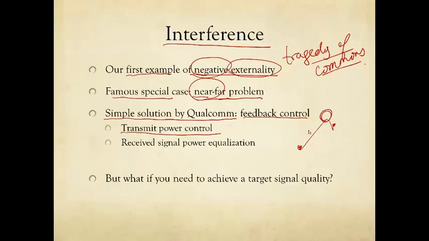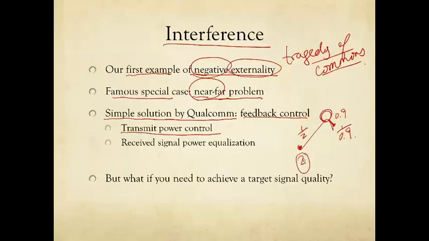Say if your channel loss is a factor of 2, and the other's is a factor of 0.9, for example, then I will tell you, look, you should multiply your signal strength by a factor of 2, and you should multiply by a factor of 1 over 0.9, which is much smaller than 2.